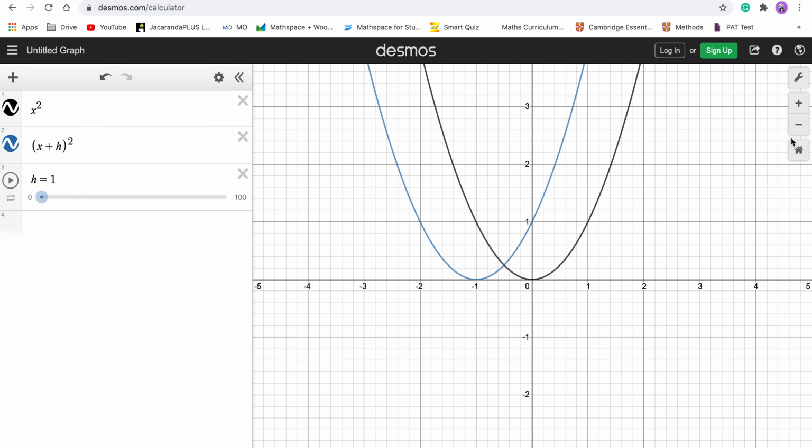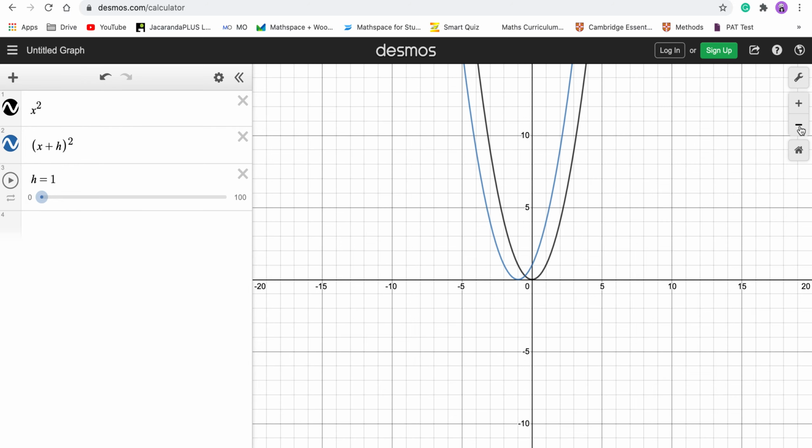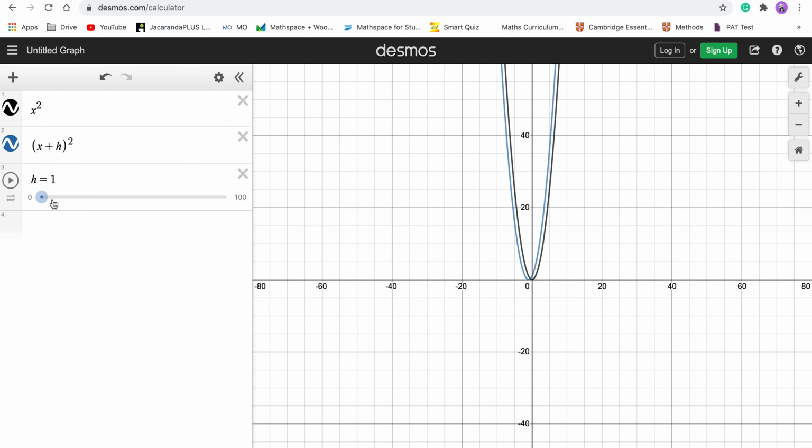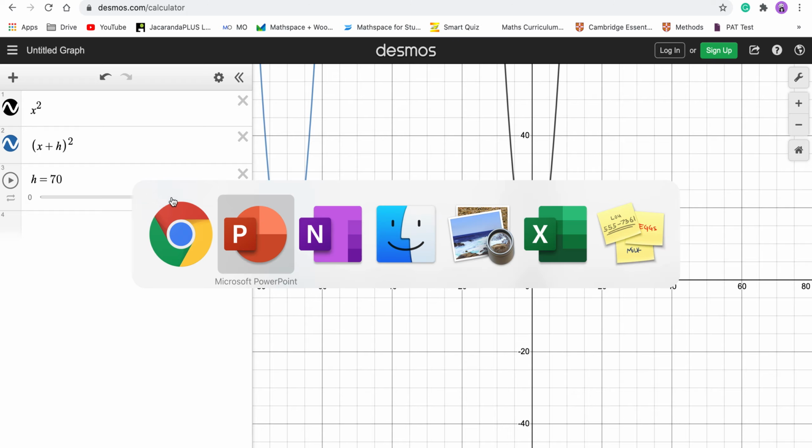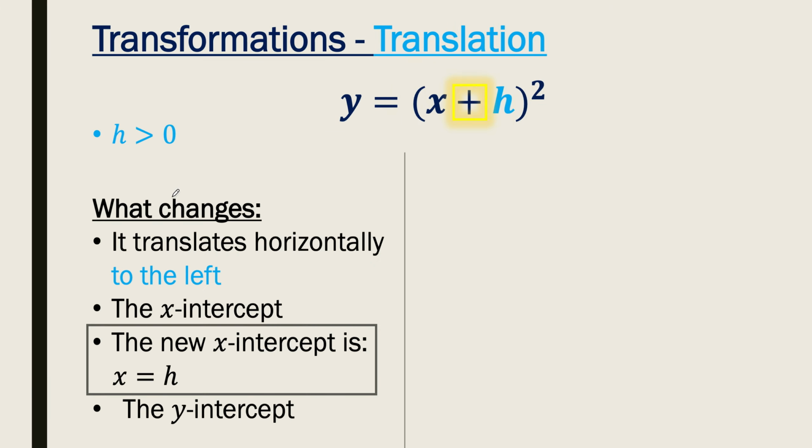So I'm going to zoom out. Good. You can see here as I increase the h, the h remains positive, but my parabola is translating to the left. Okay, wonderful. So let's look up here. What changes? It translates horizontally to the left.